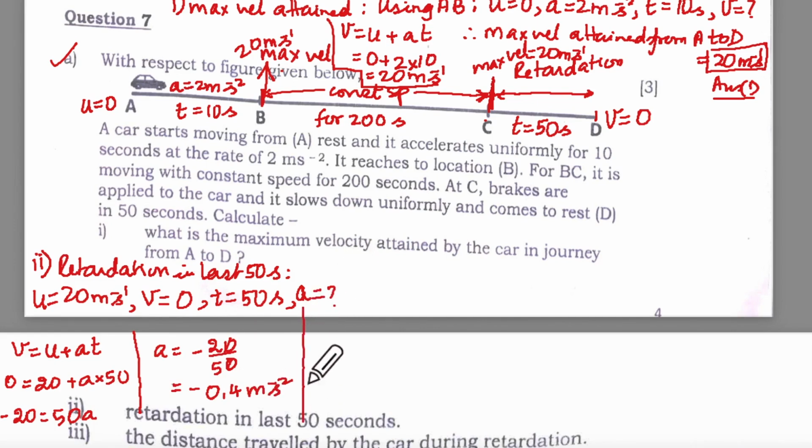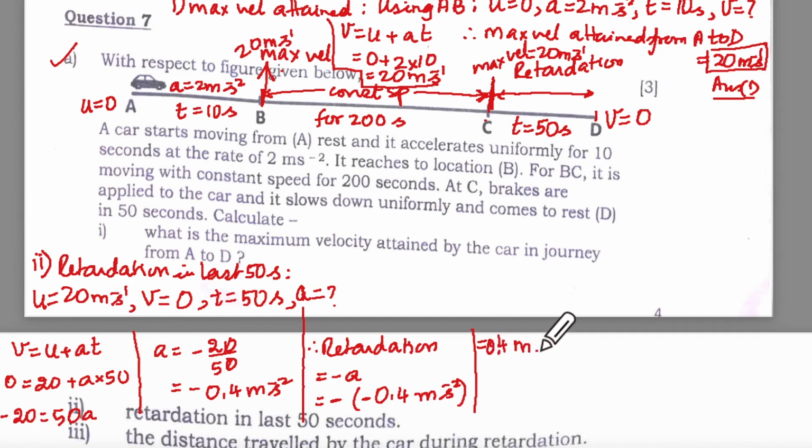But then what we will say, therefore retardation equals minus A, which is minus into bracket minus 0.4, so that will be 0.4 meter per second square. Understanding? How is it? You would have done it on your own or no? Yes, ma'am.